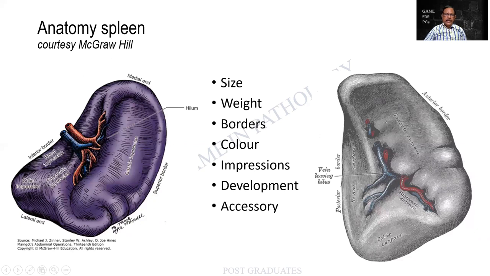The spleen is identified by means of its sharp borders, and there will be certain depressions which are called the notches. Again, this is one organ which will have a purplish tinge, which is very much brought out in this diagram. The purplish tinge is because of venous stasis.